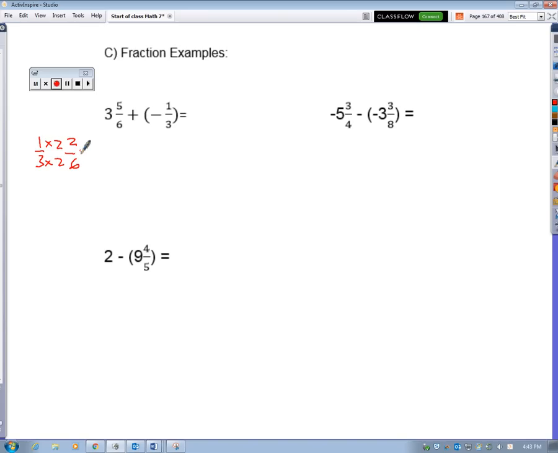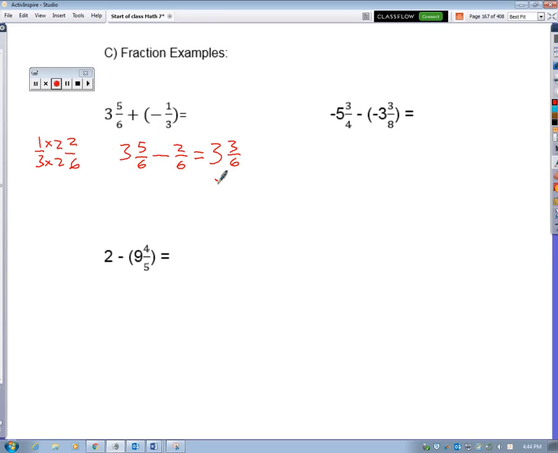Perfect. Okay, so I'm going to set this fraction up now. I have 3 and 5/6, and I'm going to subtract, because remember they are different, we have to take them away from each other. I'm going to subtract 2/6, and that's going to give me 3 and 3/6.